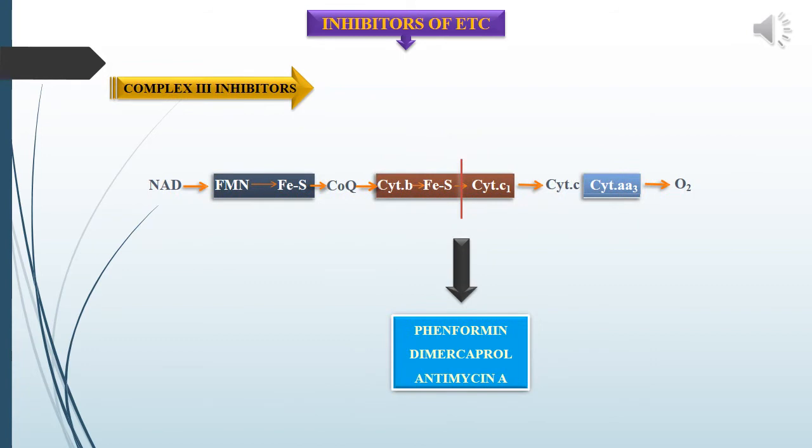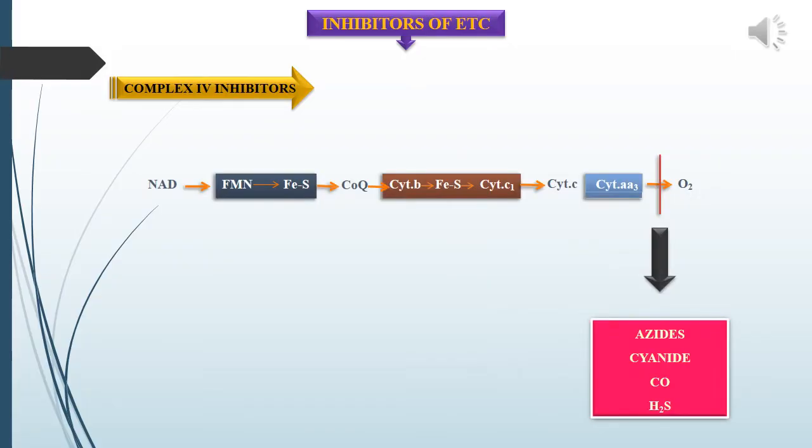Let's see complex 3 inhibitors: phenformin, dimercaprol and antimycin A. These 3 are complex 3 inhibitors, that is, cytochrome oxidoreductase inhibitors. Then the complex 4 inhibitors are azides, cyanide, carbon monoxide, hydrogen sulfide.